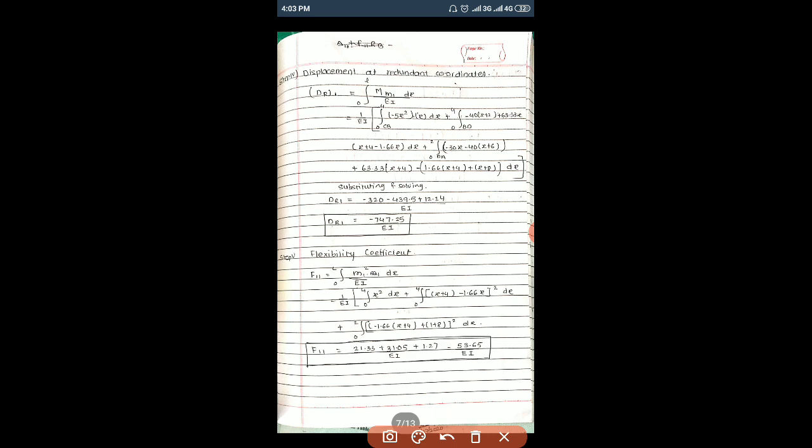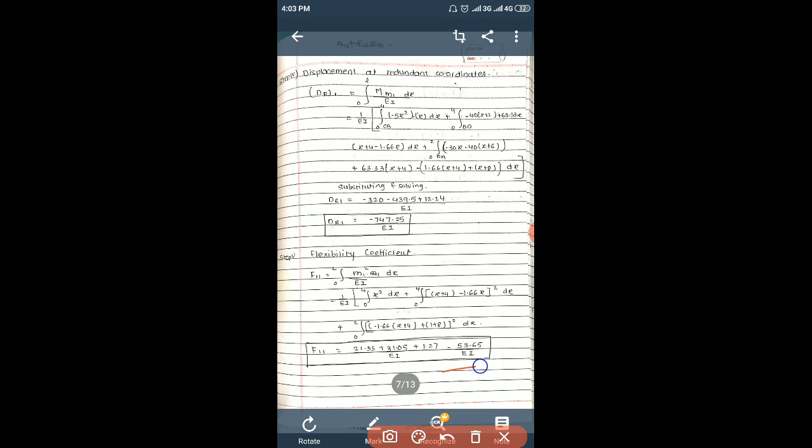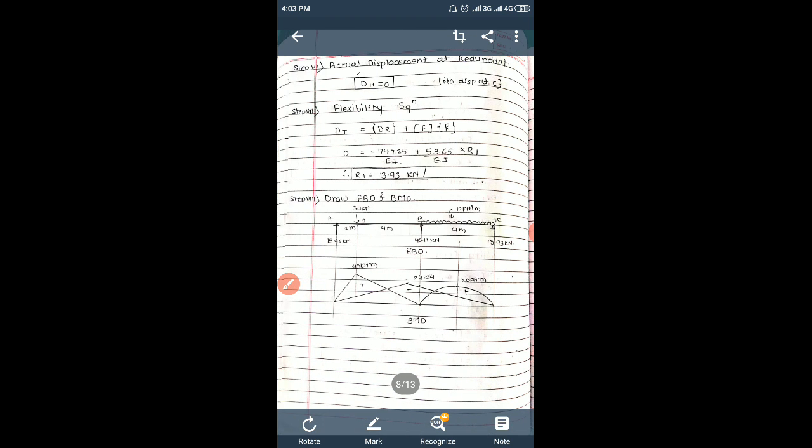Then what is the flexibility compatibility equation? It is di, the deformation in the indeterminate structure, equals the deformation in the released structure, where we have released the redundant, that is dr, plus F, the flexibility coefficient, that is 53.65, into r, the redundant, the unknown value that we are supposed to find, that is r1.